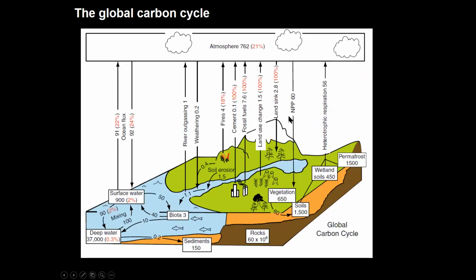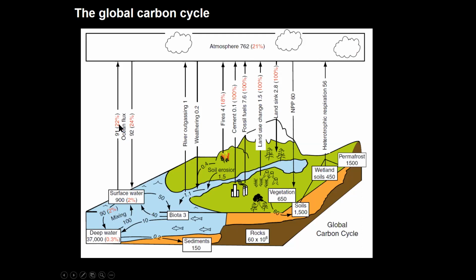This diagram is a little complex, but in general this is how we describe the carbon cycle globally. Now we have different numbers, but what I want you to focus on specifically is the values within the brackets in red. It doesn't matter necessarily what the amounts are, but all these reds represent the different anthropogenic fluxes.